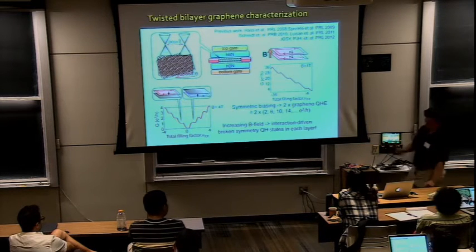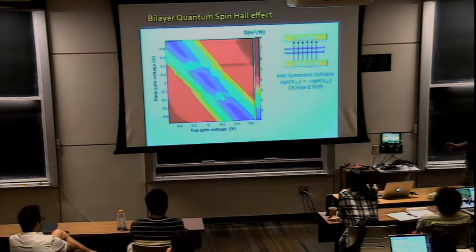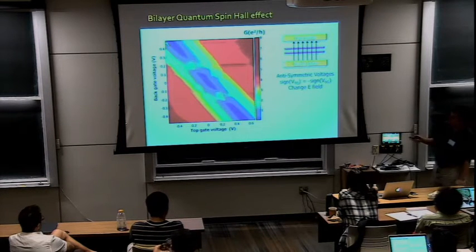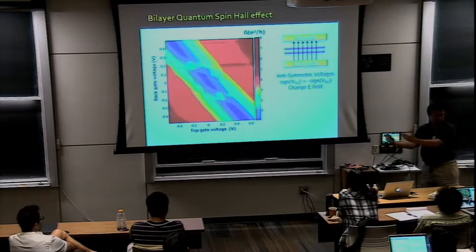So let me show you this map. This is a map of the conductance in the presence of a magnetic field as a function of this back gate voltage and this top gate voltage. If I apply the same polarity voltage to both gates, then I'm adding charge to the same layers at the same time.